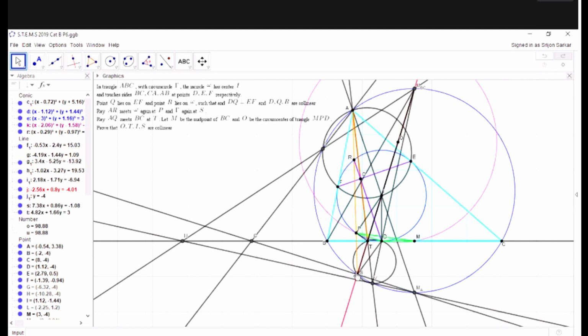We are given S not to be the mixtilinear touch point, we are given it to be the intersection of AR with ABC. Clear the difference? The difference is clear, right? The mixtilinear touch point is defined in a different way here.